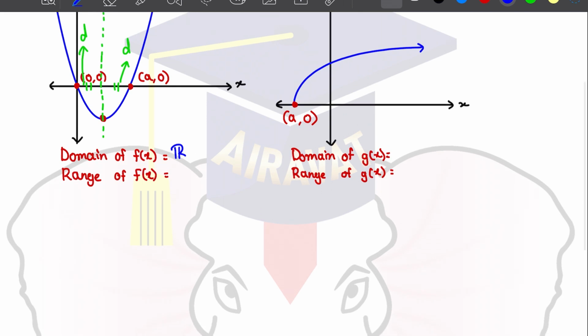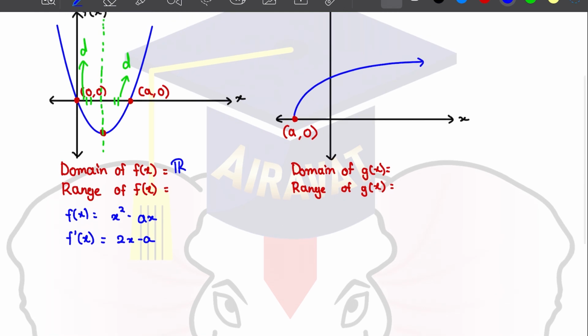Alright, so we know that f of x is equal to x squared minus ax. So our derivative would be f dash of x equals 2x minus a. Now we set this derivative function equal to 0. Why is that?